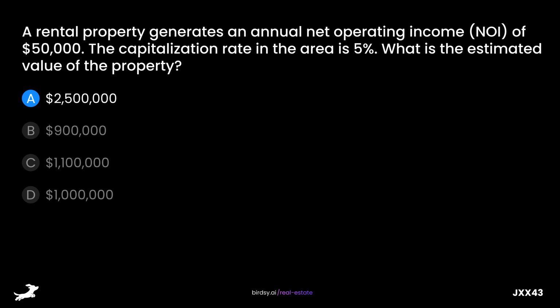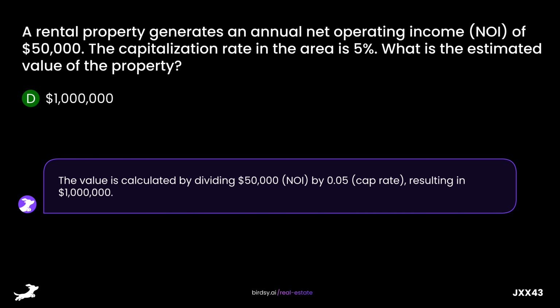Is it A, $2,500,000, B, $900,000, C, $1,100,000, or D, $1 million? The answer is D, $1 million. The value is calculated by dividing $50,000 by 0.05 cap rate, resulting in $1 million.